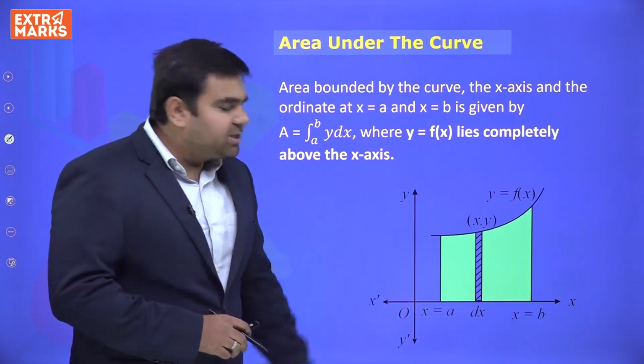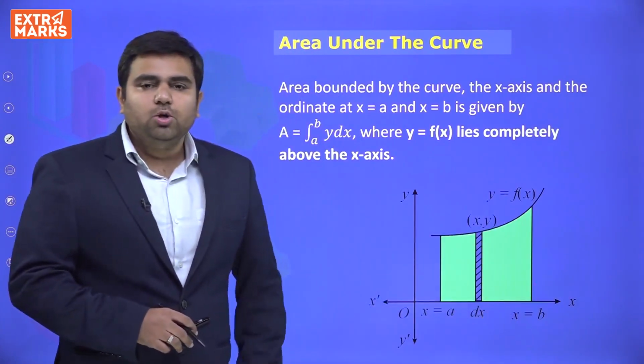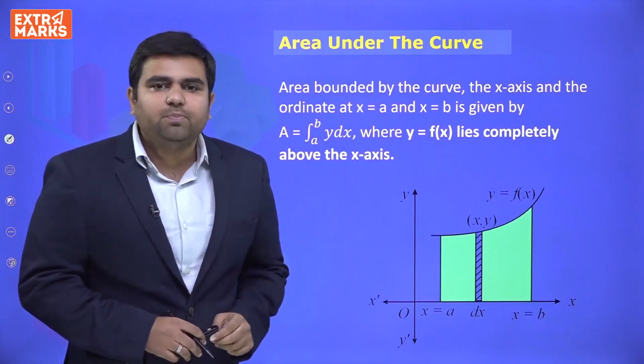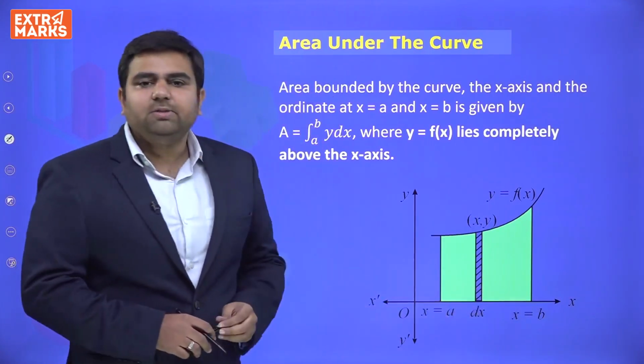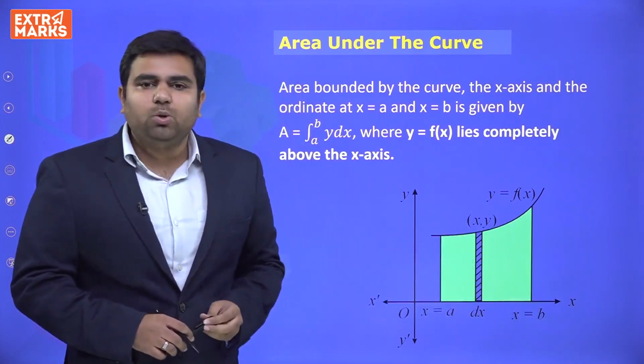These ordinates are the vertical line x equal to a and another vertical line x equal to b. So we need to find the area bounded by the curve y equal to f of x with respect to the x-axis, which lies between the ordinates x equal to a and x equal to b.